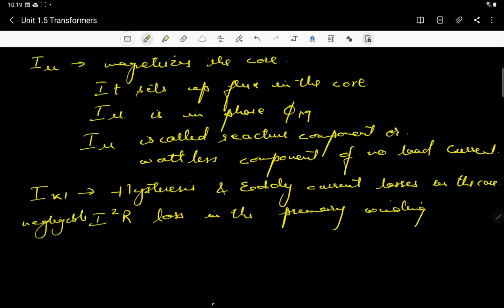Okay, so this is so simple. Now this component IW is called active component.